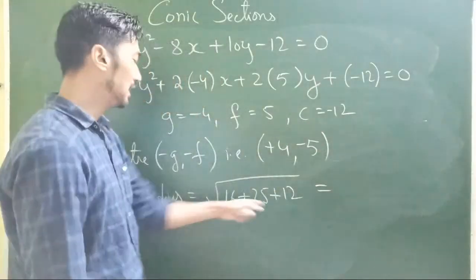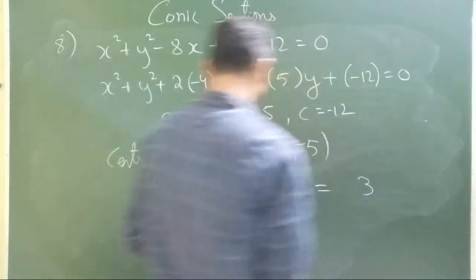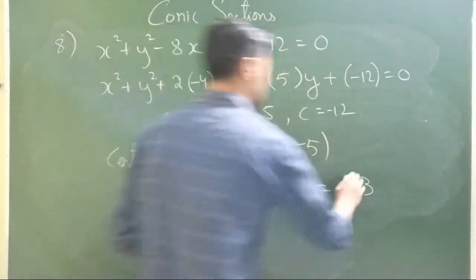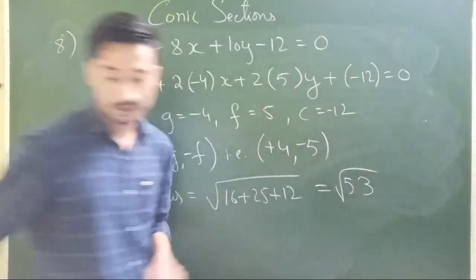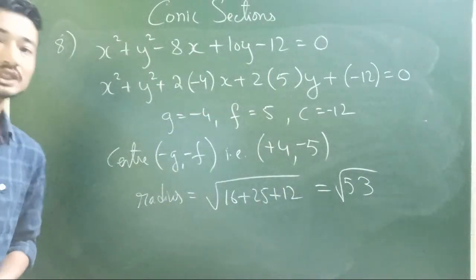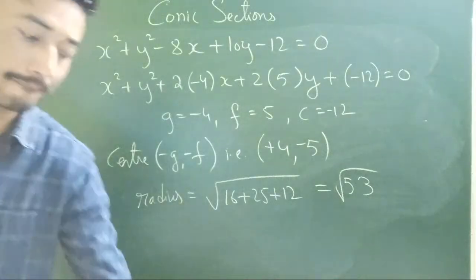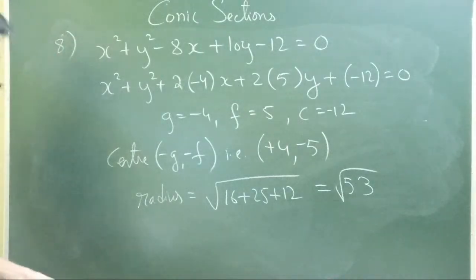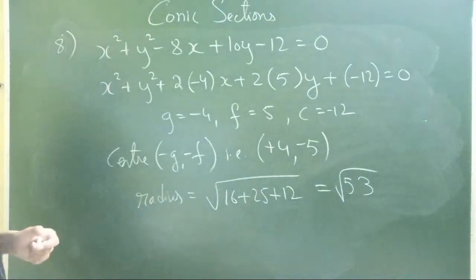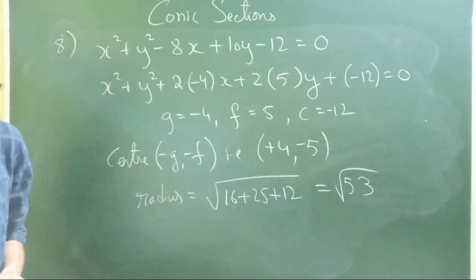So how much is that going to be? 16 plus 25 is 41, plus 12, that's 53. Root over 53. Okay?